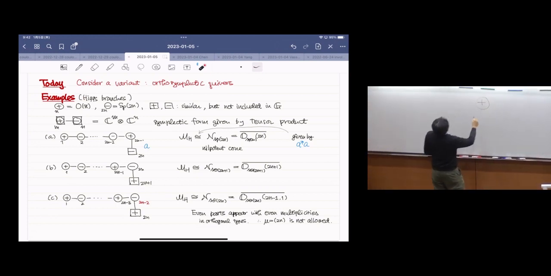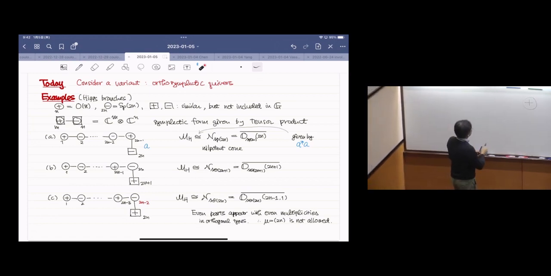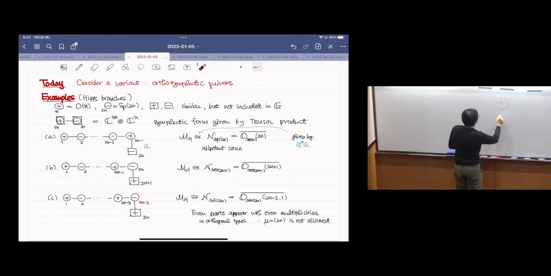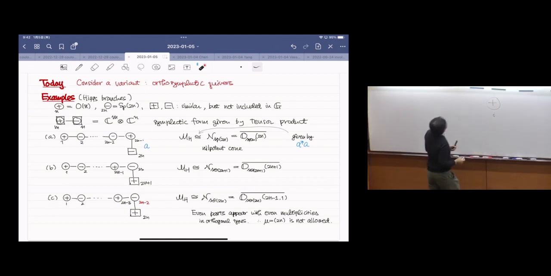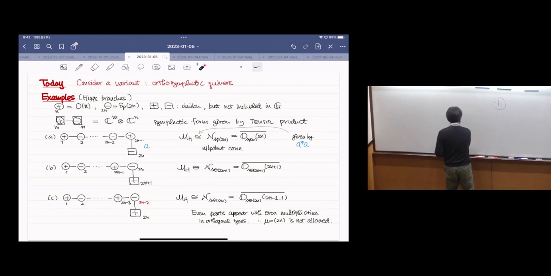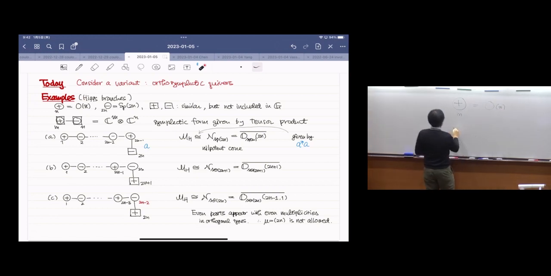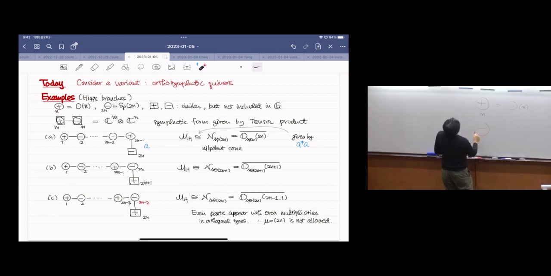Plus, and I cannot write the numbers inside the circle, so I instead write them in here. Then I understand this to be O(n), and the minus vertex to be Sp(2n).